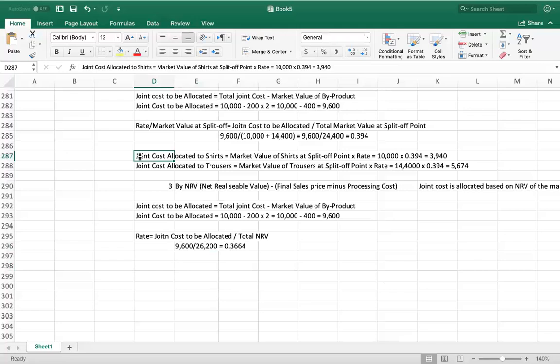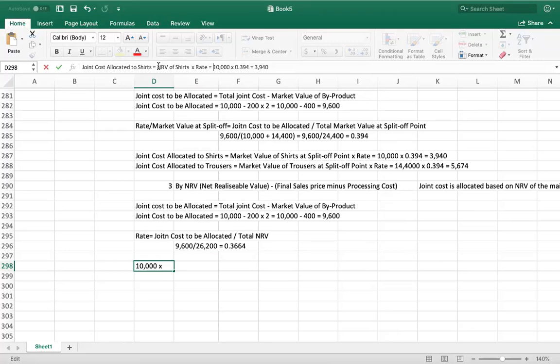Now you will calculate the total cost to be allocated to shirts. Here you will change to the NRV of shirts multiplied by the rate.